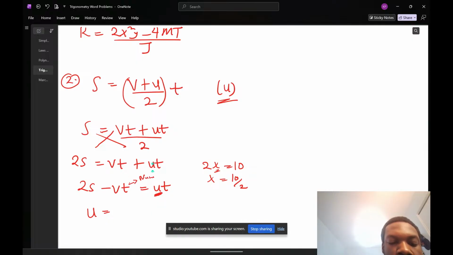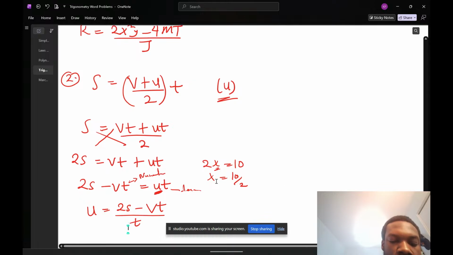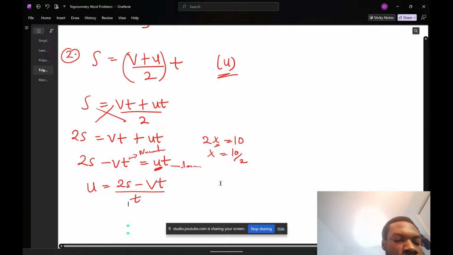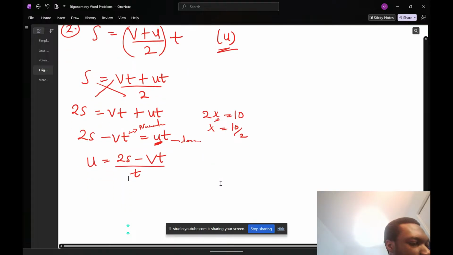So u is equals to 2s minus vt over t. So that'll be the answer for that one.